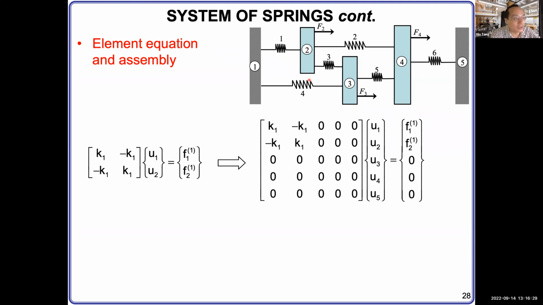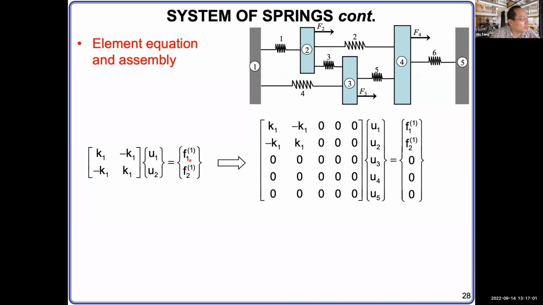Once you have this format, you can add the individual matrix of each element into it. We have 6 elements, so you will add 6 times, once for each element, into their corresponding positions. For element number 1, we can write K1, minus K1, minus K1, K1, with U1, U2 and F1, F2, because it has element 1 and node 1, node 2.